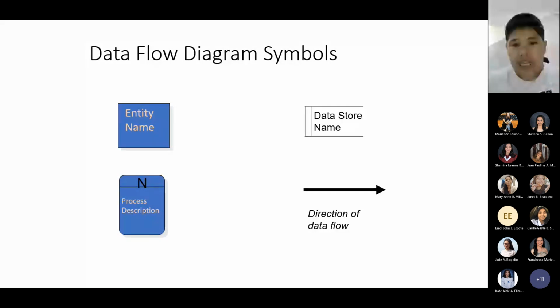Yung pangalawa naman po dyan yung process description, is the process that is triggered or supported by data. And yung nakalagay dyan na data source name is the store of data such as your transaction file, master file, reference file, and last, yung naka-arrow po dyan is the direction of data flow. Meaning, these are the symbols that you need in a data flow diagram.